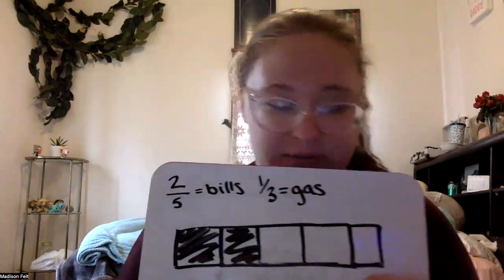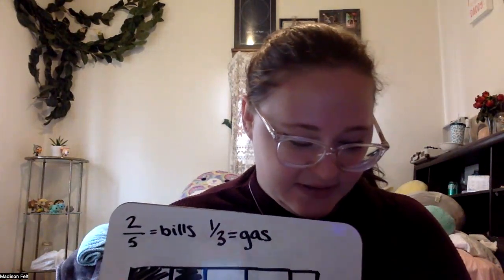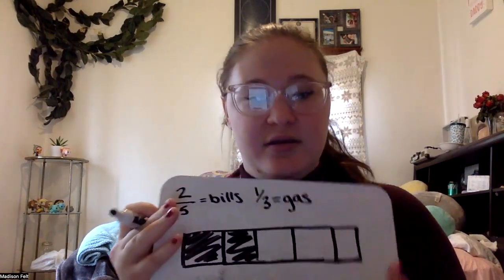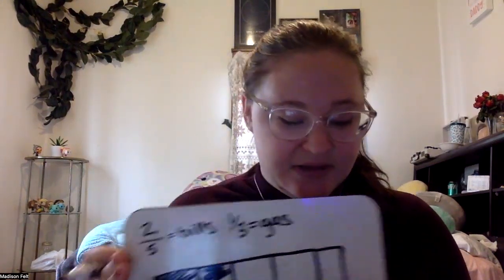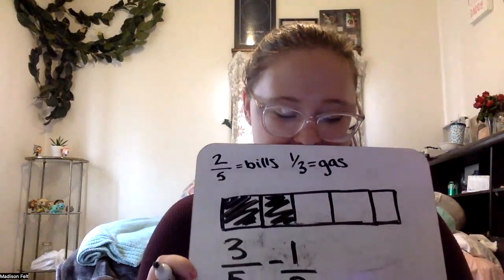So that's representative of 2/5. And you see we have 3/5 left here. And we know that 1/3 of this was spent on gas. So now we have the equation 3/5 minus 1/3. So I have that on here.